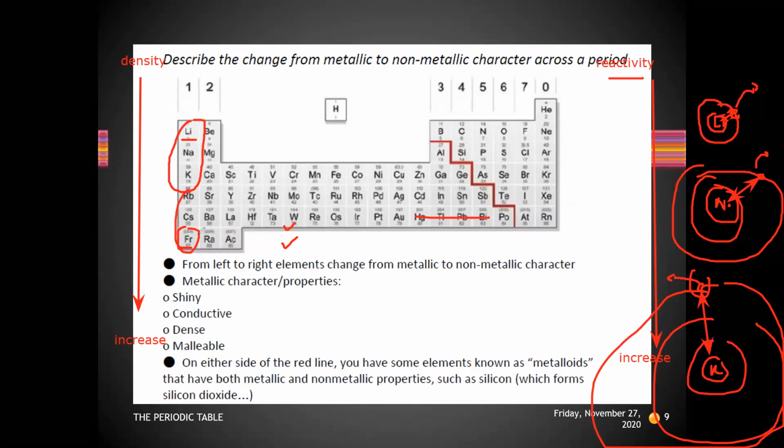The other elements have a density higher than water, so they sink. So density is increasing. The first 3, when we compare with water, have lower density. But as the density increases, the elements at the bottom have higher density than water, so they sink.